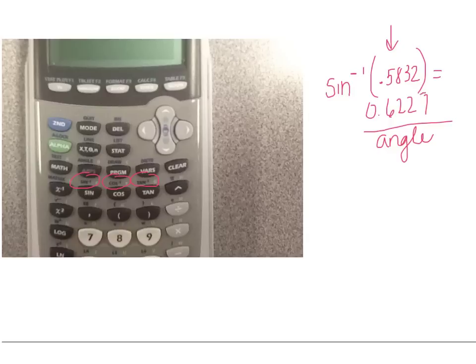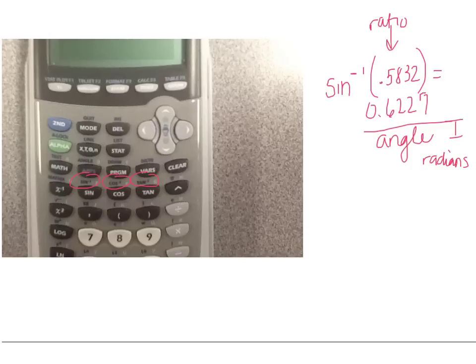Now, how on earth do you tell the difference? Well, you have to know that this is a ratio and this is an angle. So if you take the second sine of 0.5832, this is going to be 0.6227, which is an angle in the first quadrant in radians. And that's in radians because that's the mode you're in. Okay?